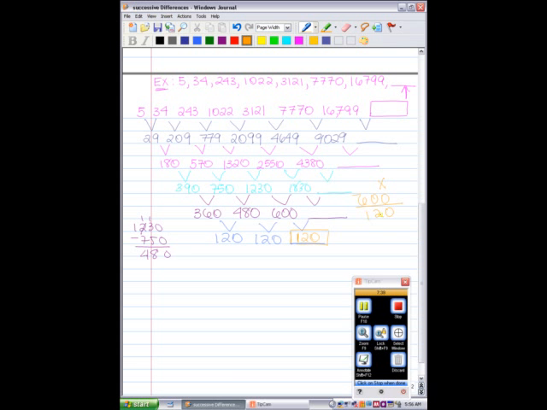So our answer is 120 plus 600, or 720. And we just work our way up this little ladder. 720 is the difference between 1830 and the number. So in order to get that, we would add 720 plus 1830.